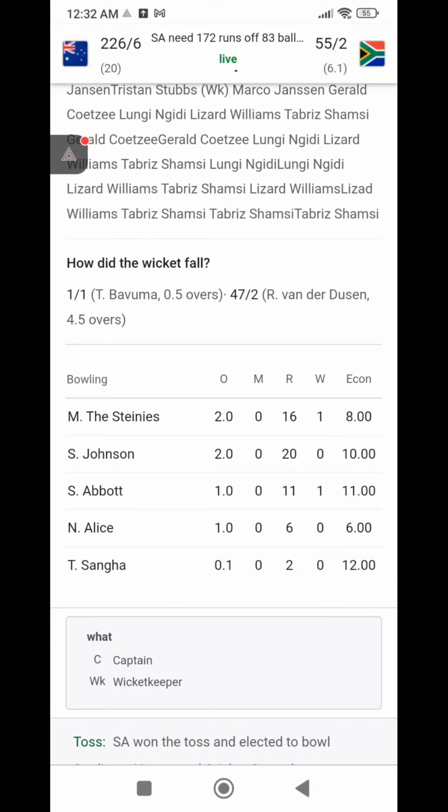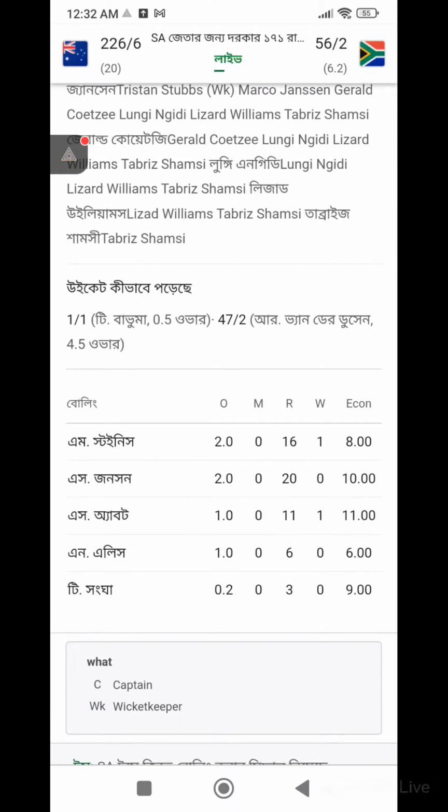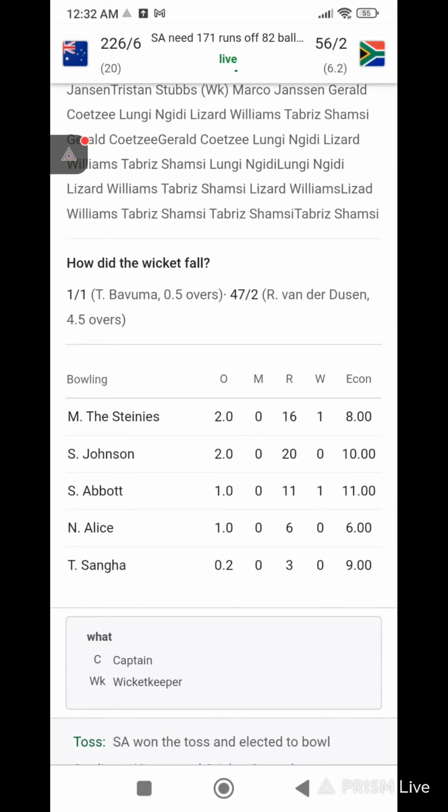Nathan Ellis 1 over, no maiden, 6 runs, no wicket. And Tanveer Sangha 0.2 overs, no maiden, 3 runs, no wicket. 9 is the economy.